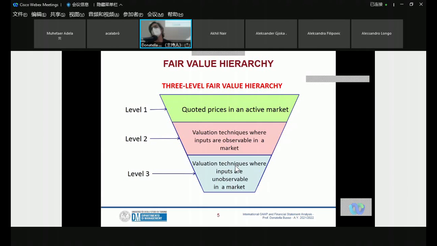So if they are not listed, it is not possible simply to see the prices on the website like I have just done. But it is necessary to determine the fair value using some valuation techniques. Discounted cash flow techniques or the Black-Scholes option model and so on.